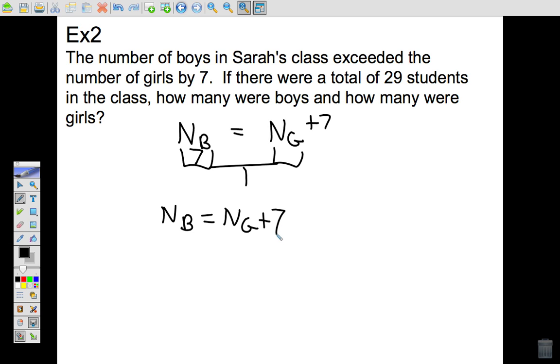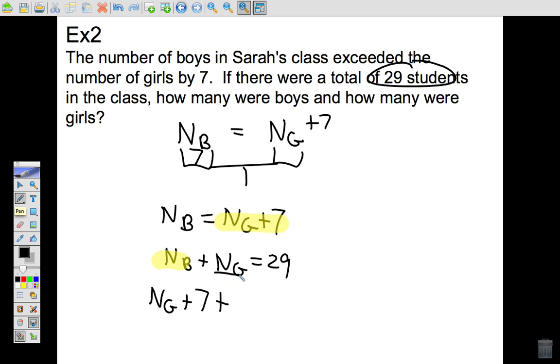Now that's one equation. Now my second equation, I know that there's how many students in the class? 29. So I know that the number of boys plus the number of girls equals 29. Now again, this is set up for substitution. I know that NB is this, so I substitute that in right there. So I have NG plus 7 plus NG equals the 29.